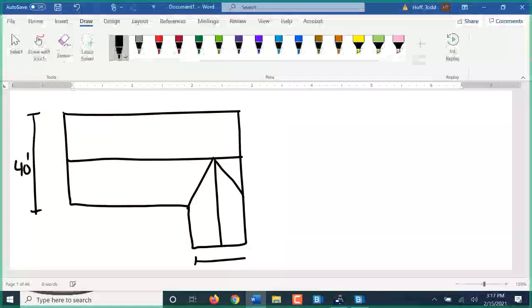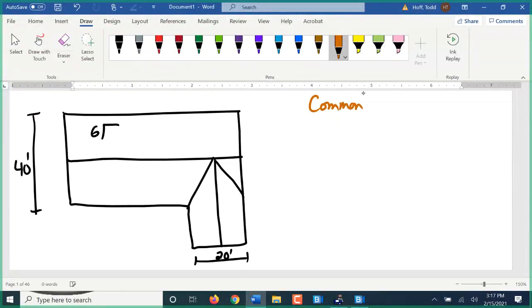This over here, a span of 20 feet. This is a 6/12 slope up here. Here, that's the exact same. So, once again, we start out with the common rafter. But there's a common rafter on either side, so we're going to do the main roof common rafter first.